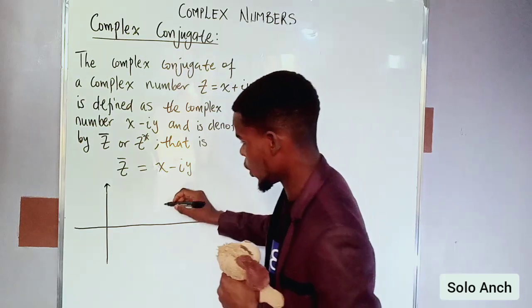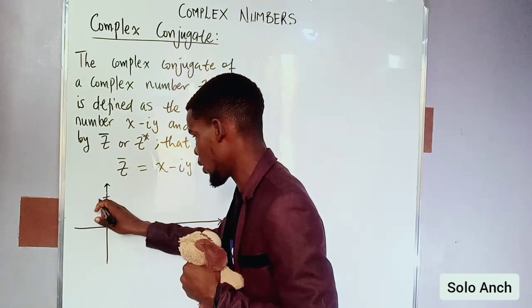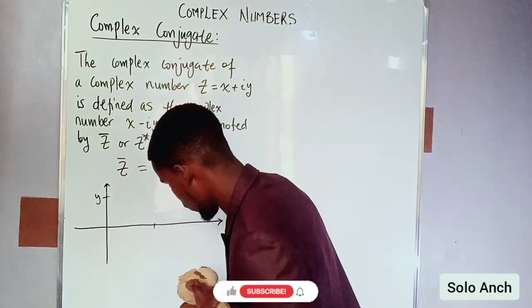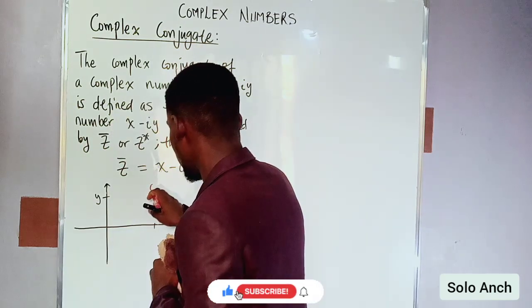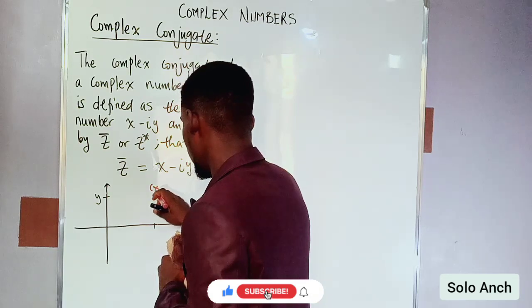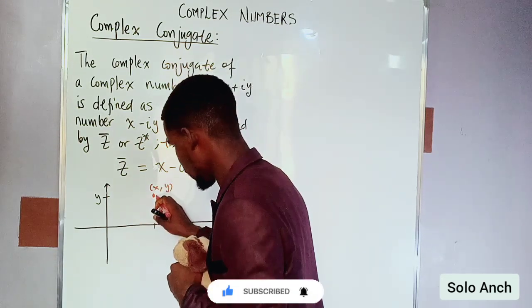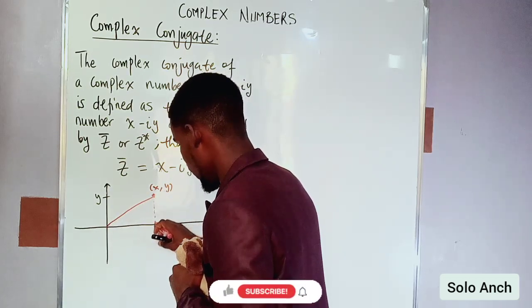So if this is x right here, and this is y over here, then x, y will be somewhere here, which is going to be the complex number z. So that point is the point x, with the second coordinate being y. Good. So maybe let's connect this like that.